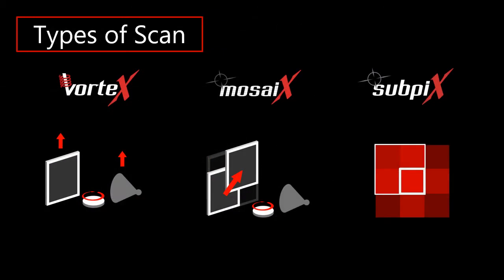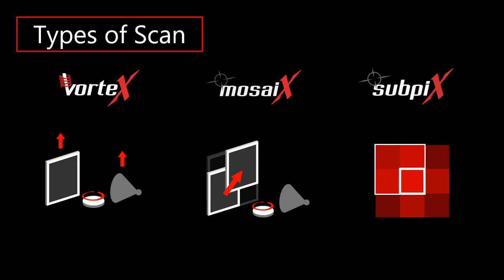Using our 3D CT X-ray, we can do different types of scan, like vortex, mosaic, and subpix. These are proprietary algorithms by North Star Imaging. Vortex: the detector and the source move vertically while the sample is rotating.